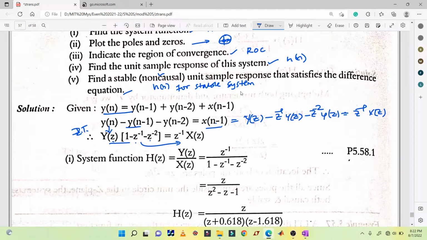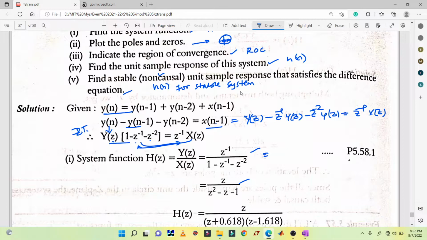Taking this to the right hand side and X of z onto the left hand side, what we get? Z inverse divided by 1 minus z inverse minus z inverse square. So taking z inverse square as common, we get this equation.